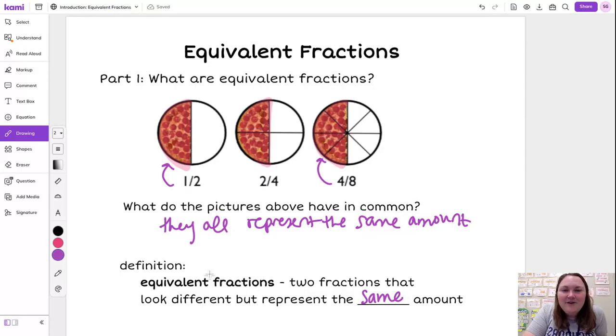And if you think about your own life, if you had this much pizza at home, I bet you would not say, there is 4/8 of the pizza left. You would probably say there's half of a pizza left, because 4/8 and 1/2 are the same amount.